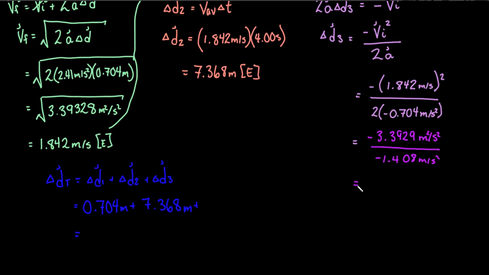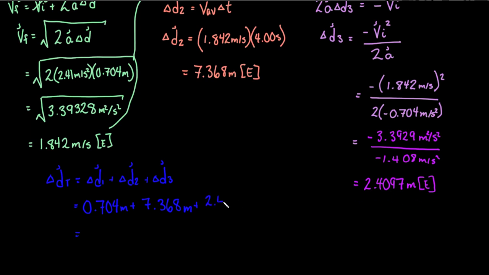There we go. Again, your negatives are going to cancel, but that gives us the displacement that we got in class of 2.4097 meters east. Okay, that looks right now.